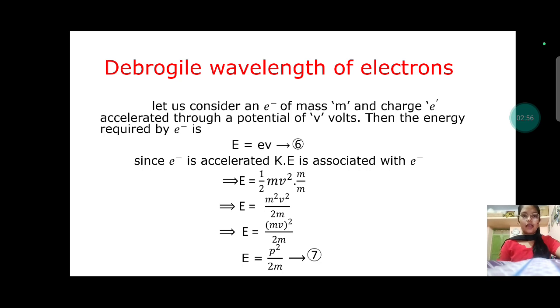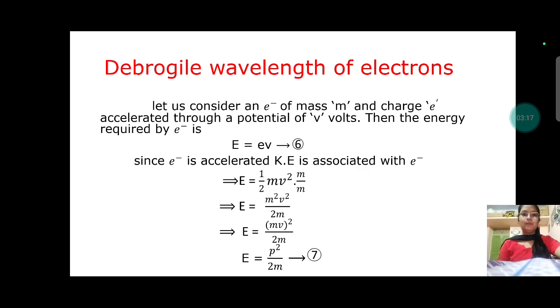Let us consider an electron of mass m and charge e accelerated through a potential of V volts. Then the energy acquired by the electron is E = eV. Represent this as equation 6. Since the electron is accelerated, kinetic energy is associated with the electron.